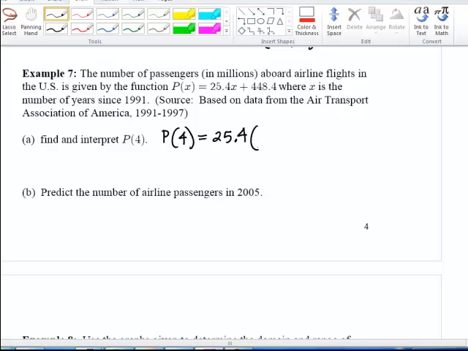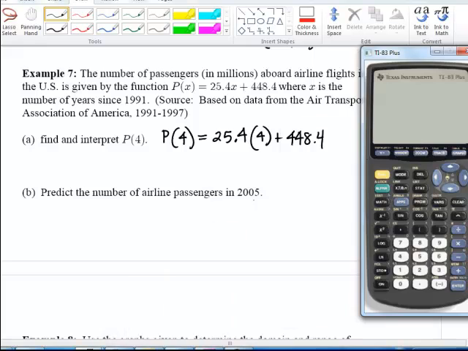25.4 times 4 plus 448.4. So grab a calculator, get that number.